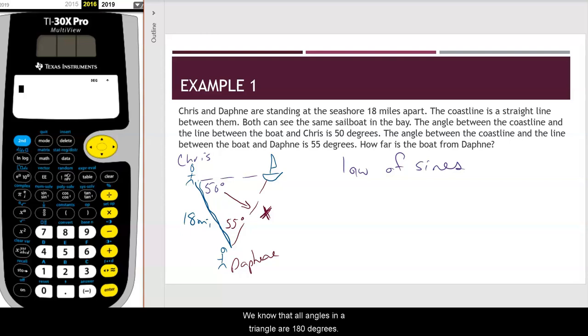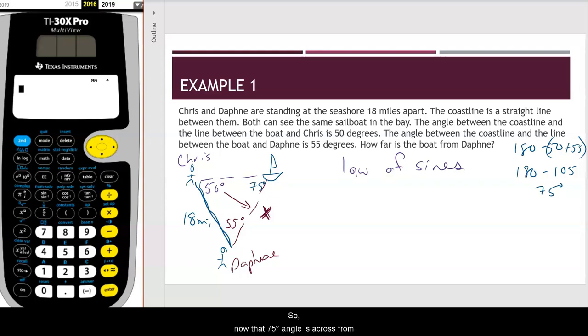We know that all angles in a triangle add to 180 degrees. So 180 minus 50 and 55. So 180 minus 105 would give us a 75 degree angle there at the boat.